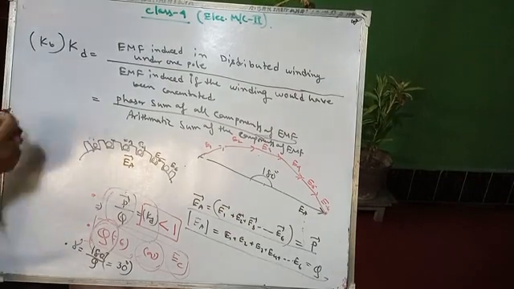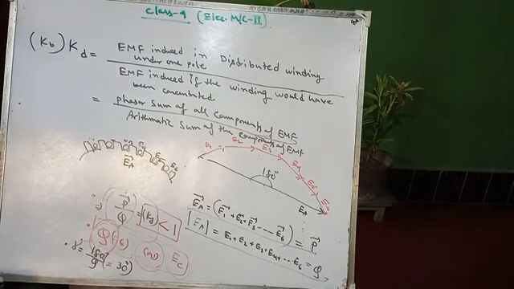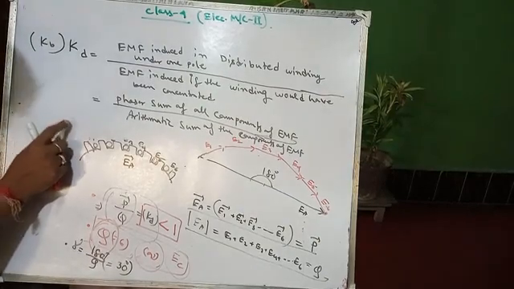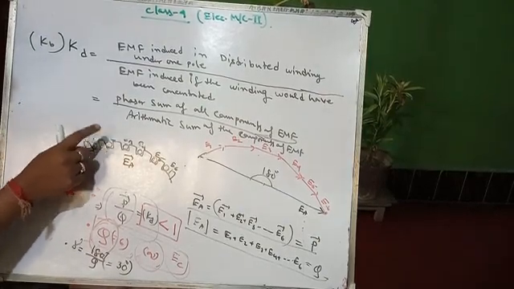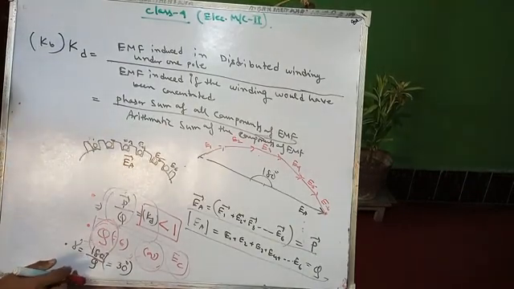And the fourth point: the EMF induced in different coils of one phase under one pole are represented by phasors.